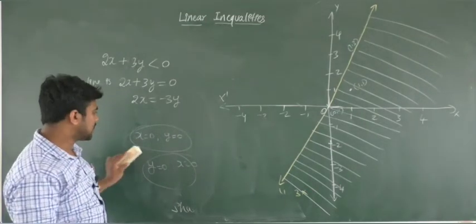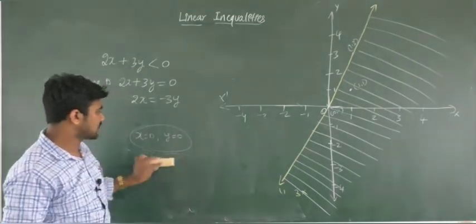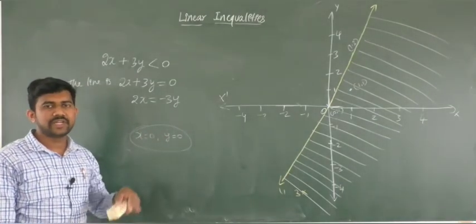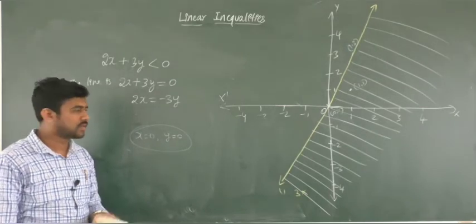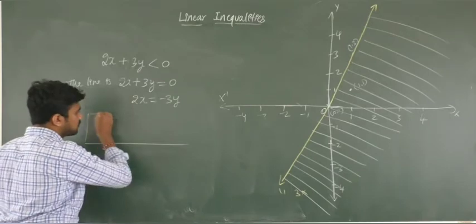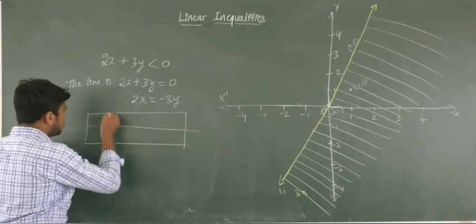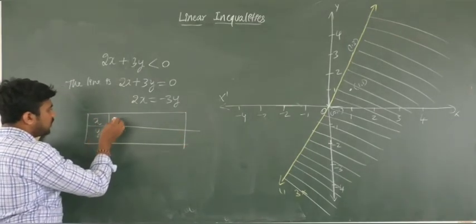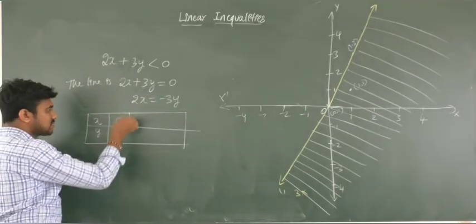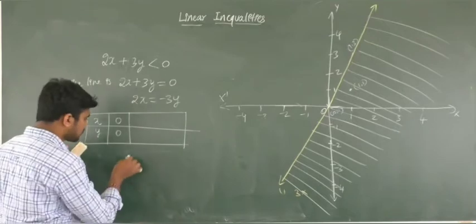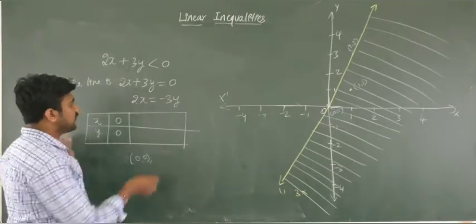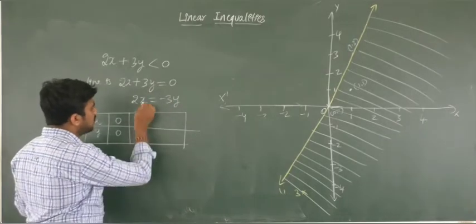Okay, first case you take x is 0, then y you will get 0. When x is 0, clearly y is 0, or if y is 0, clearly x is 0. One point you got: 0, 0 is a point. Next, take x equal to any other number.